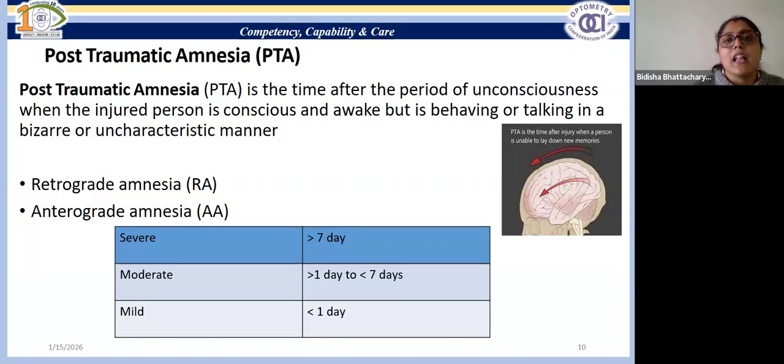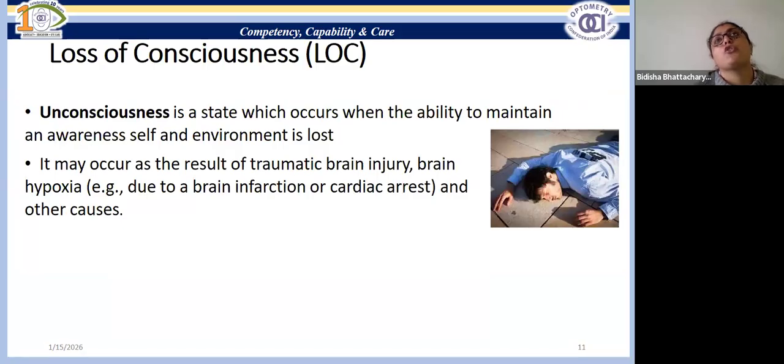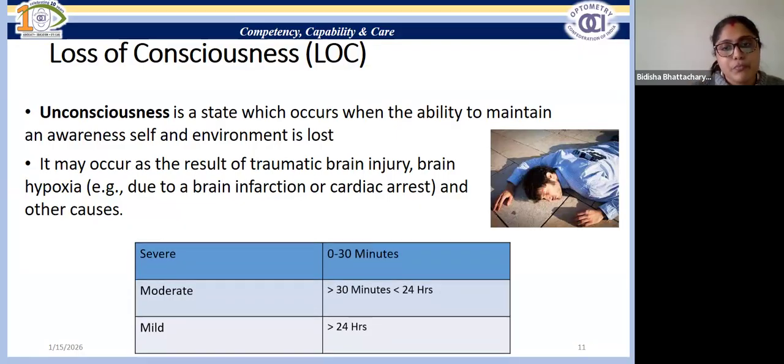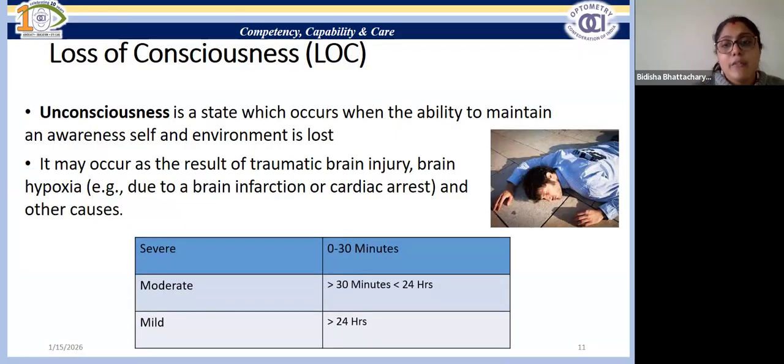The last and another most important criterion for getting the severity of acquired brain injury is loss of consciousness. Unconsciousness is a state in which an individual loses awareness of themselves and their environment. It may occur as the result of traumatic brain injury or brain hypoxia. If the duration of loss of consciousness is greater than 20 minutes, that is quite severe.